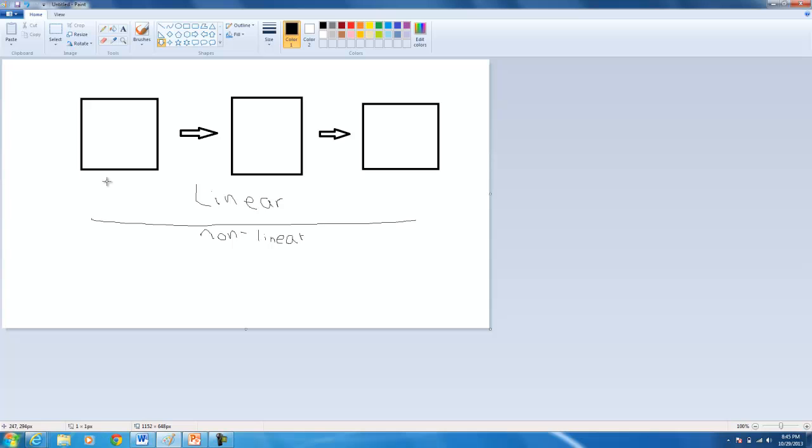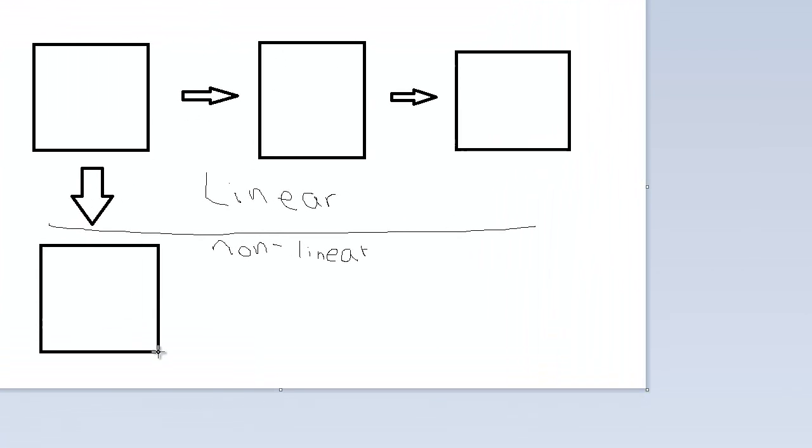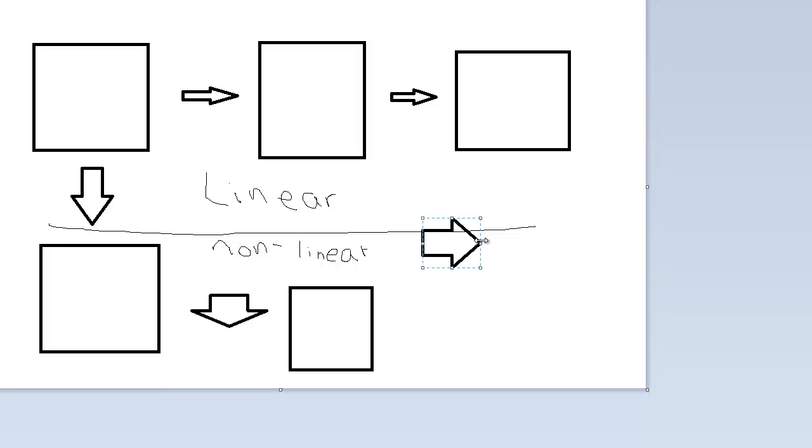So possibly it could go this way, or it could go this way. It could go to this slide, and then this one could go to another slide, or it can go out to the internet, or it can go somewhere else. Maybe a document, something like that.